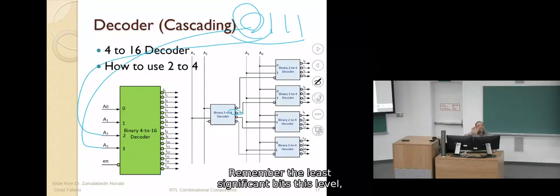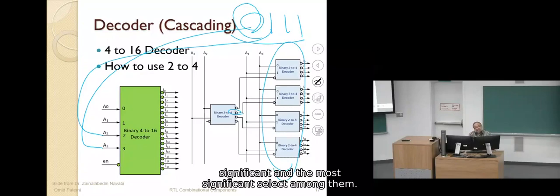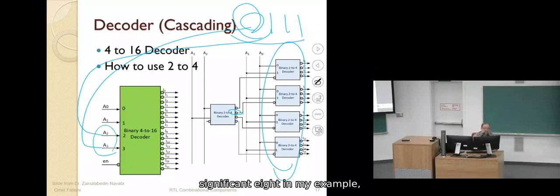Remember, the least significant bits go to this level, because they want to select as the least significant. And the most significant bits select among them. So the select would be most significant, the least significant. So yes, A3 and A2, in my example, 0, 1 goes to them, and 1, 1 goes to A0 and A1.